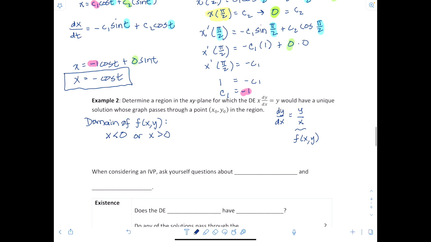Y can take on any real value, right? So this is for x, and then y, because it's for the function in x and y. So y, therefore, can be anything: negative infinity is less than y is less than infinity.